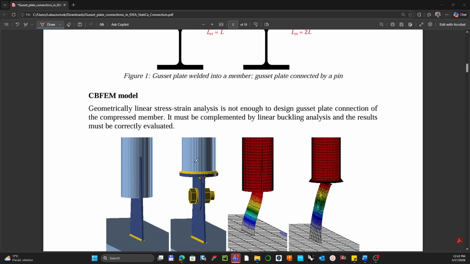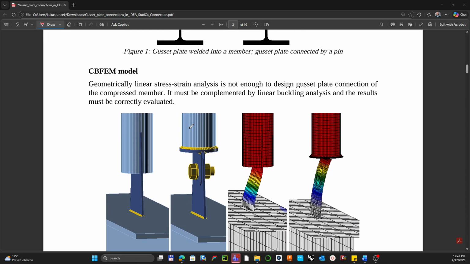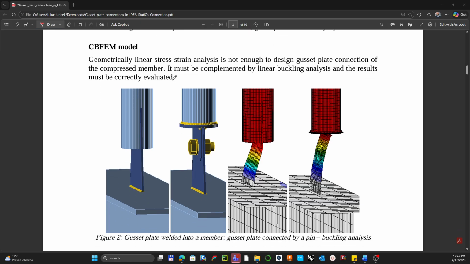This is the model that comes from our solution, IDEA StatiCa Connection. The assumption is that geometrically linear stress-strain analysis is not enough to design a gusset plate connection of compressed members. It must be complemented by linear buckling analysis, and the results must be correctly evaluated.